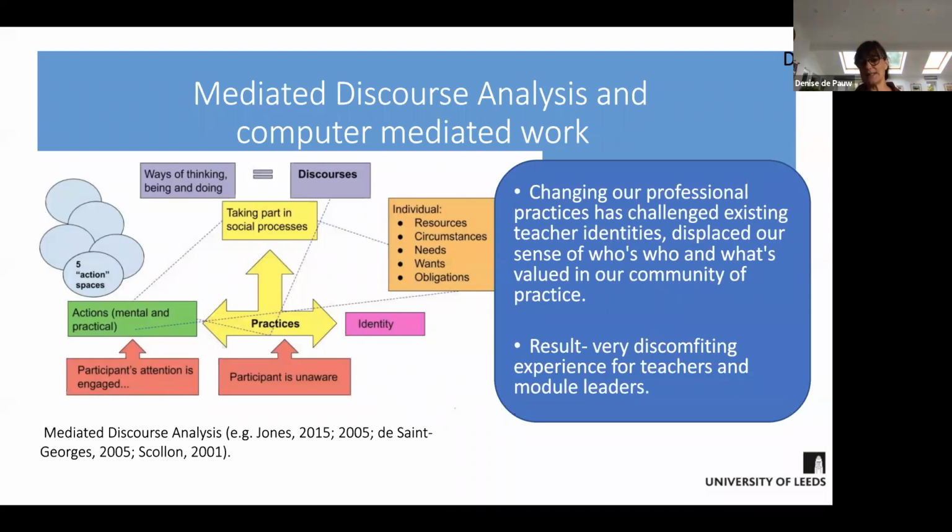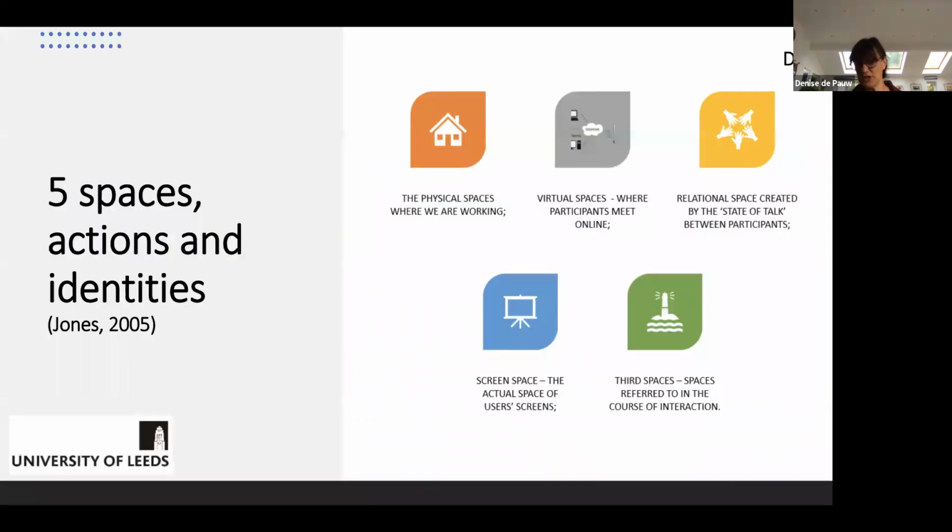So where these actions take place, we can call them the 5 spaces of computer-mediated communication, or work in our case. And it's in these 5 spaces where identities are shaped. These 5 spaces are not separate, they're interactive.